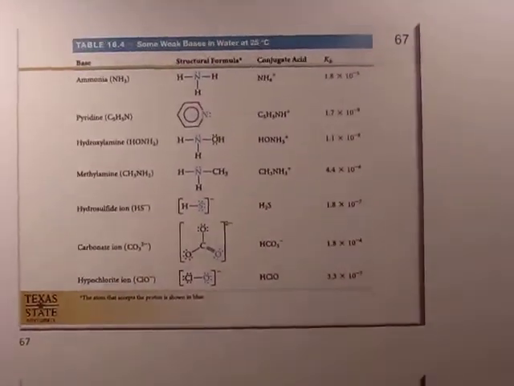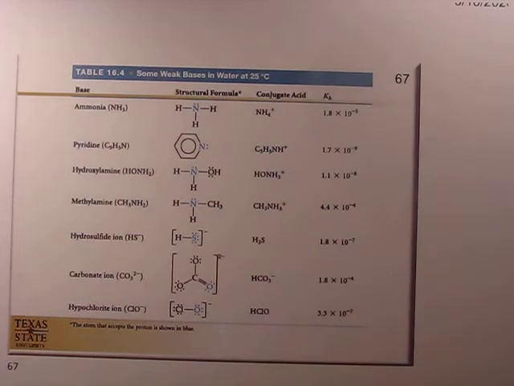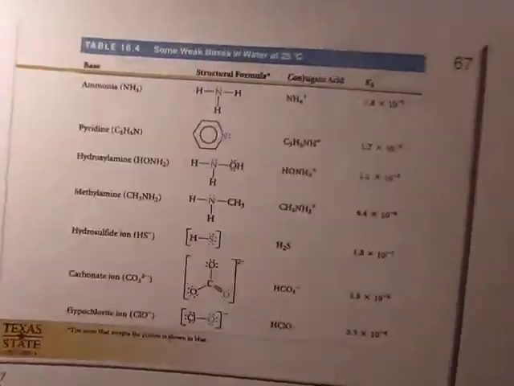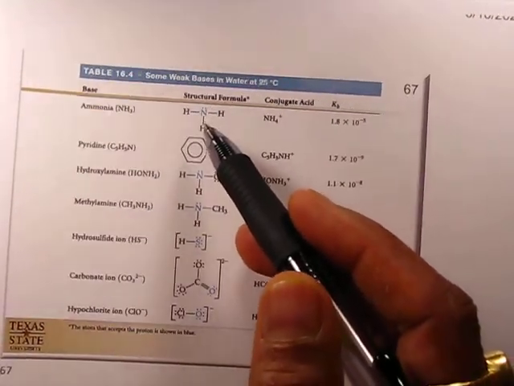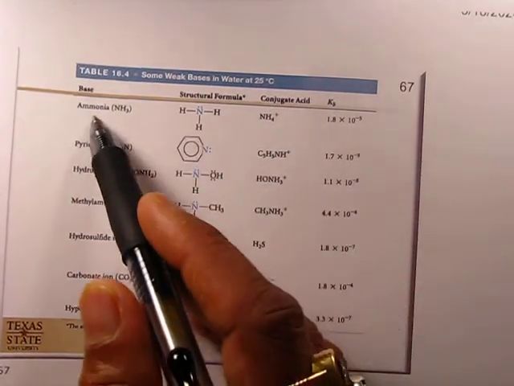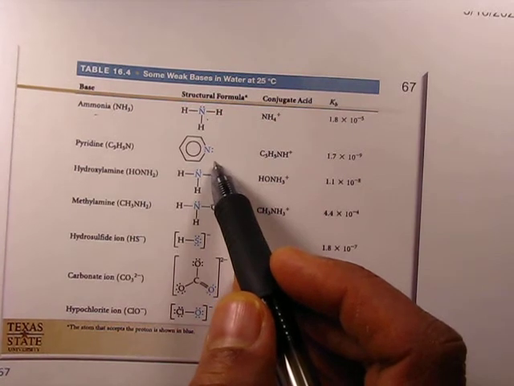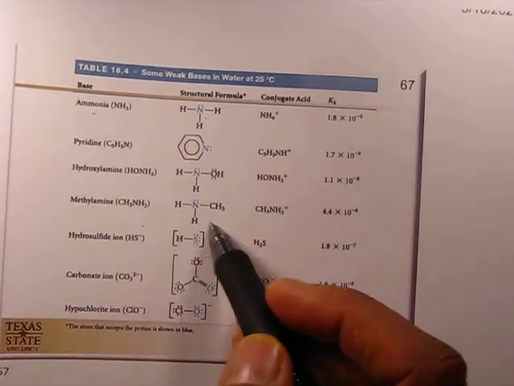Let's talk about the Kb a little bit more. If you see, there are different types of weak bases, and mostly they are nitrogen bases, ammonia derivatives. This is ammonia NH3, this is pyridine C5H5N, and hydroxylamine.